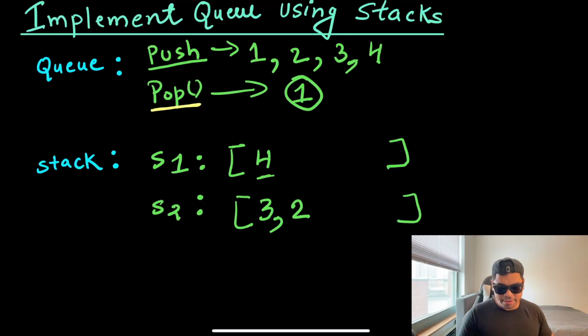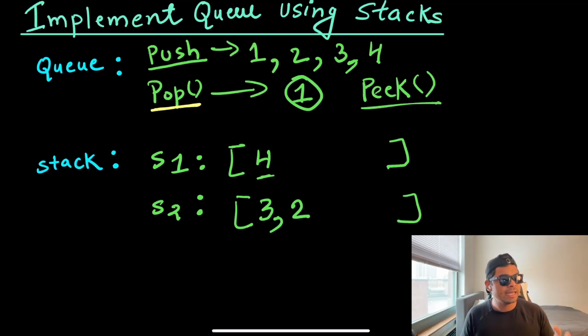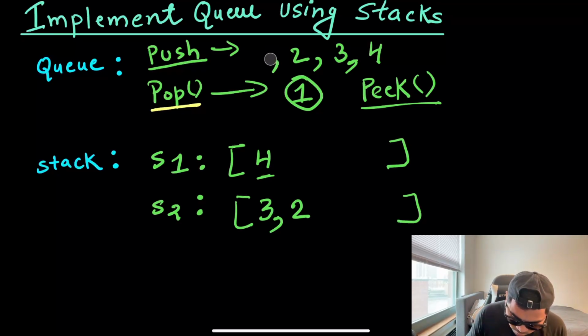Now let's say I'm calling the peek function. Peek should return me the element that is right in front of the queue. So right now in the queue, 1 is gone. What is in the front? 2 is in the front. What is in the back of the S2?